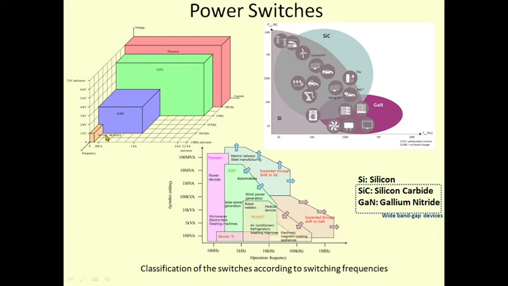The MOSFETs can be switched at a very high frequency, 1 megahertz or more. Next comes the IGBT, then the GTO. But as we reduce the switching frequency, the device's power rating or the voltage rating increases. So thyristors can be turned on and turned off not as frequently as GTOs or IGBTs or MOSFETs. Their switching frequency is limited to a maximum of 200 Hertz.